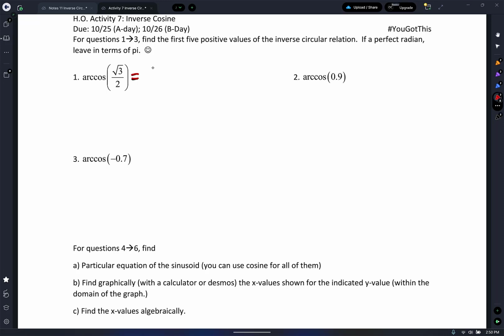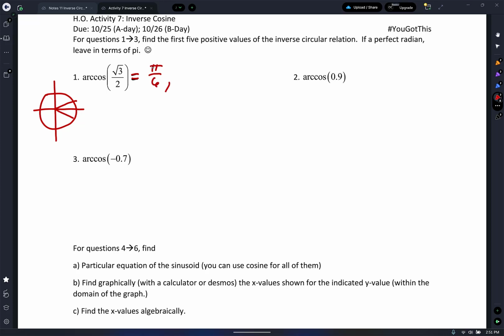On this one, you do not need to use any formulas, guys. Look, check it out. When it's a perfect radian or a perfect coordinate, you do not need to use any formulas. On the unit circle, where is x or where is cosine square root of 3 over 2? Pi over 6. That's the first answer.